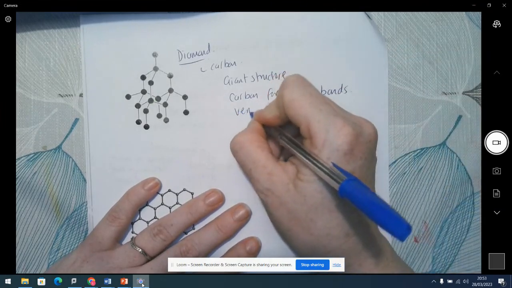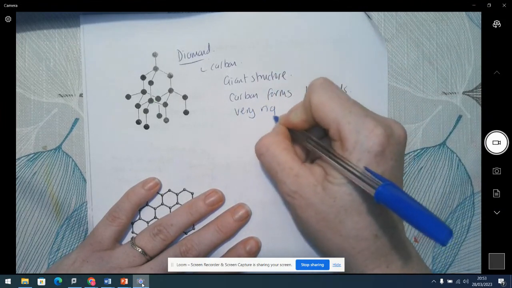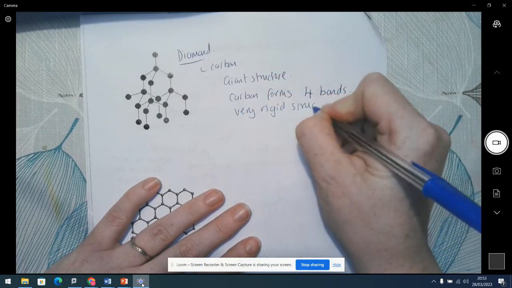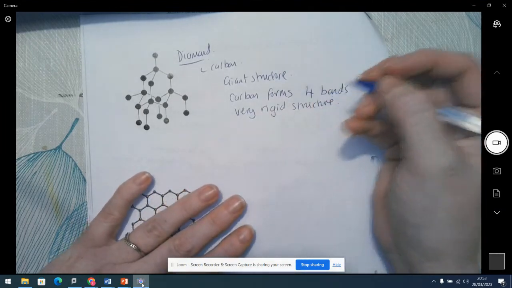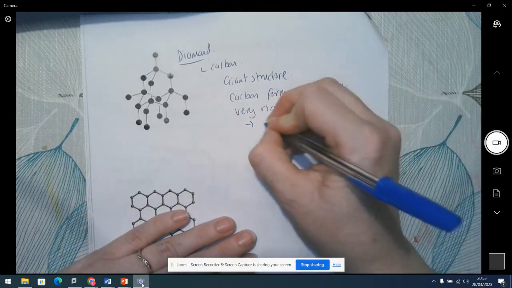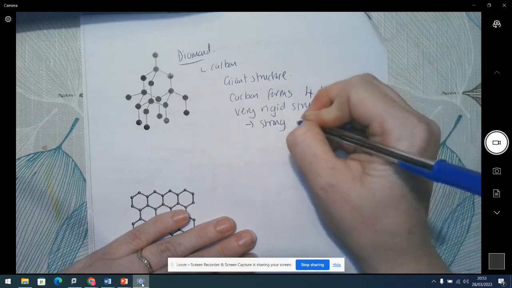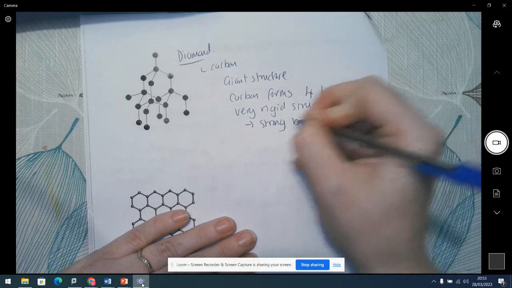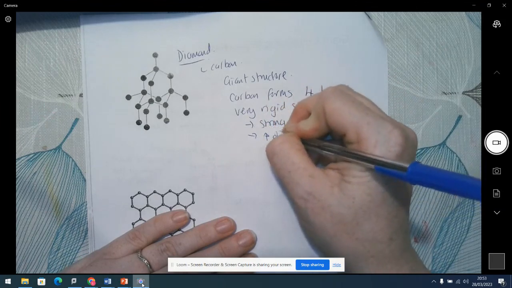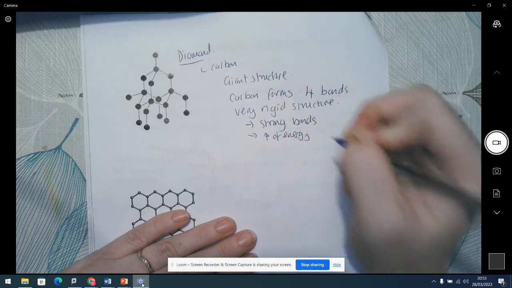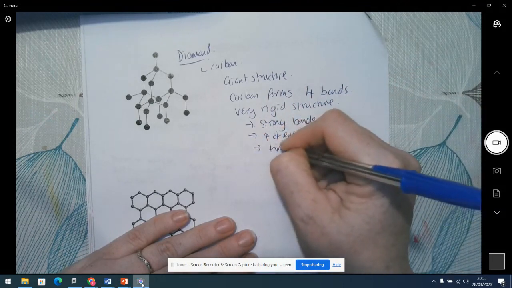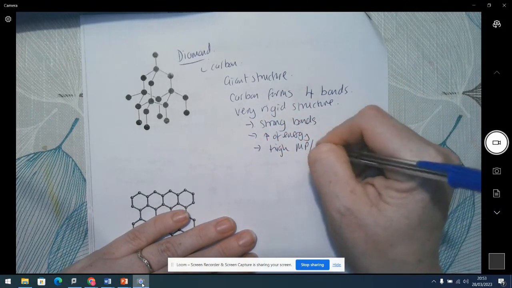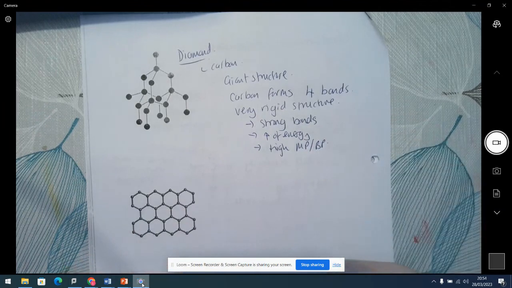Okay, it is a very rigid structure. And again, you need to know that as a result, it's got strong covalent bonds. So therefore, we need lots of energy to overcome those bonds. And that is why they have a high melting point and boiling point.